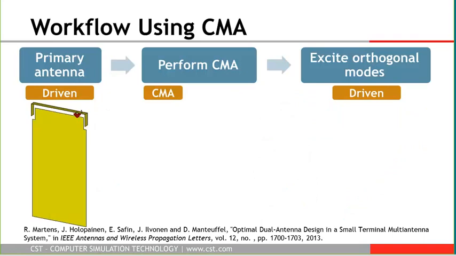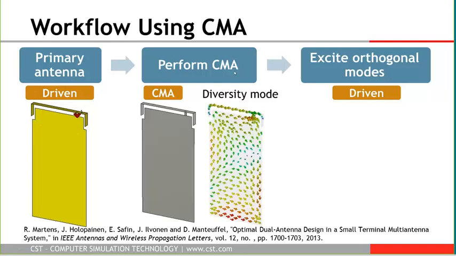If we have characteristic modes, we can follow a slightly different procedure. We design the antenna the same way as we designed in the first case, and then we perform characteristic modes. The purpose is to find a mode which we can call a diversity mode.